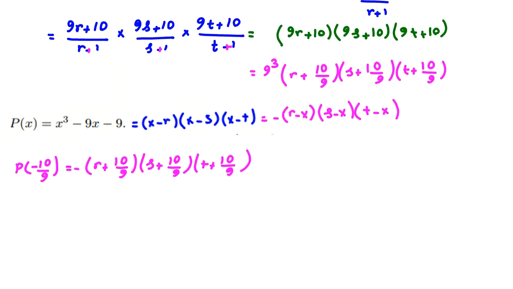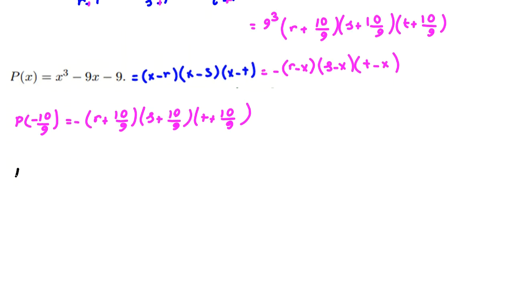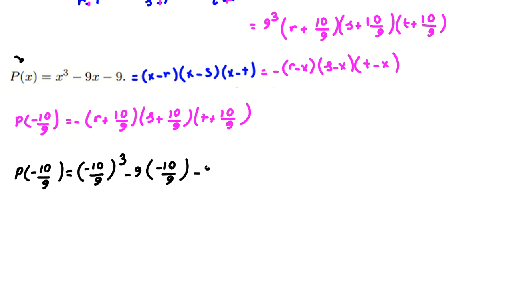Now let's calculate p of negative 10 over 9. If we replace here, it will be negative 10 over 9 cubed, minus 9 times negative 10 over 9, minus 9. So it will be negative 1000 over 9 cubed, which is 729. The 9 will cancel, plus 10 minus 9 is 1.